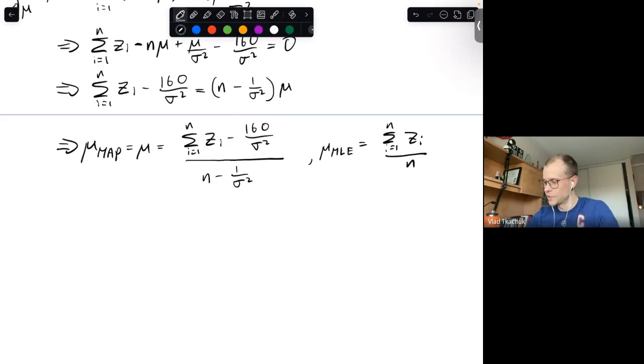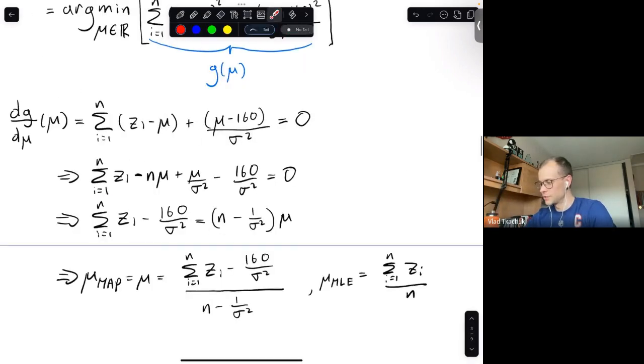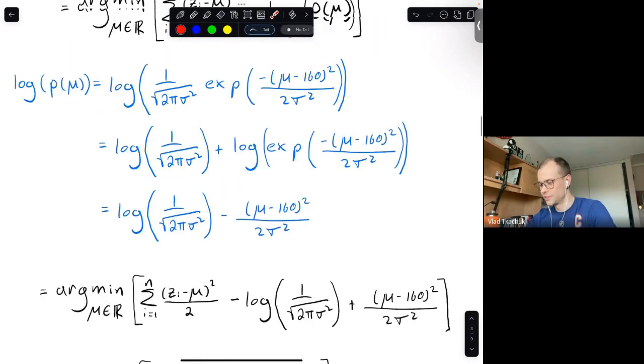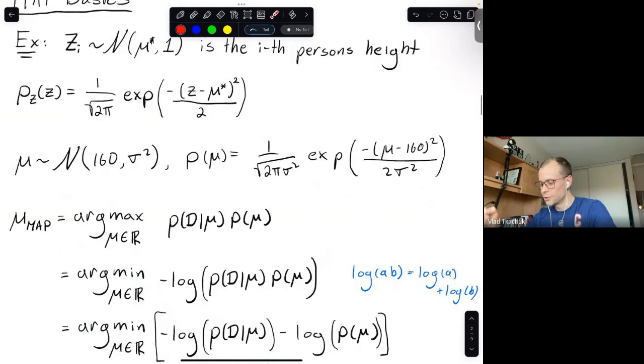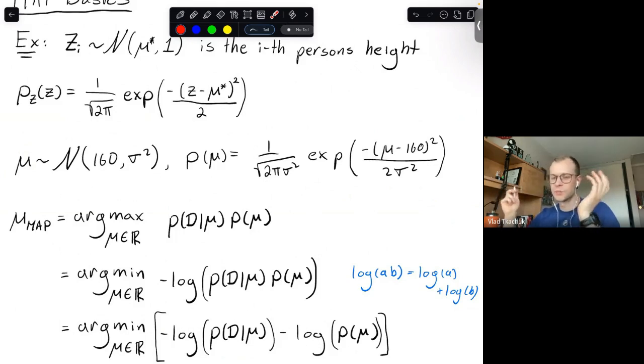And then there are some special cases to understand what this prior did. Let's build some intuition by looking at these special cases. The prior told us that we had some past information for some reason that we thought mu was going to be some value.